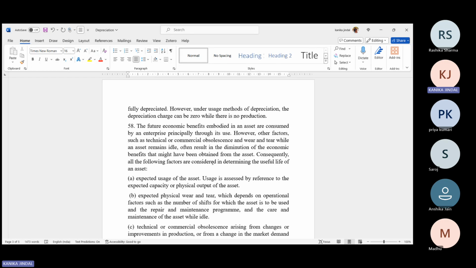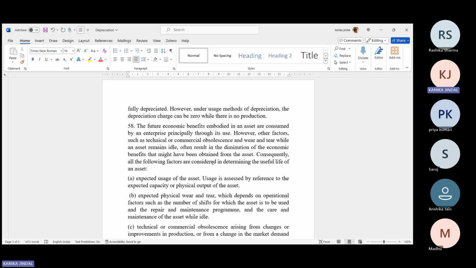Consequently, all the following factors are considered in determining the useful life of an asset. तो जब हम लाइफ कैलकुलेट करते हैं एक एसेट की, तो उसमें क्या क्या चीजें कंसिडर करते हैं?